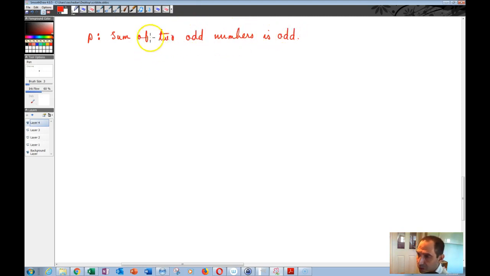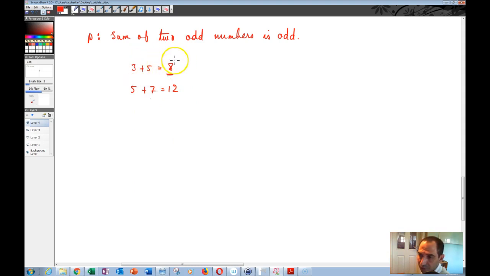So for example, let's say you have 3 plus 5 is equal to 8. So it's an even number. Or for example, 5 plus 7 is equal to 12. Now I do not really have to produce an infinite number of examples.